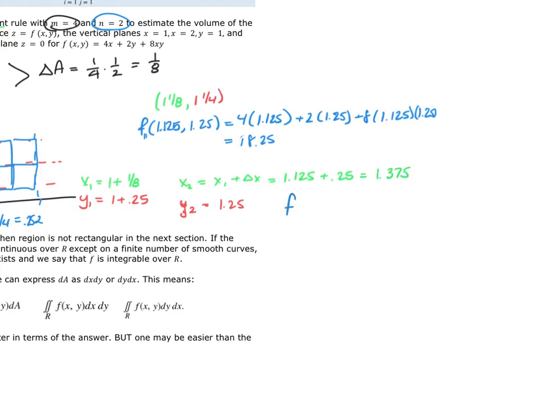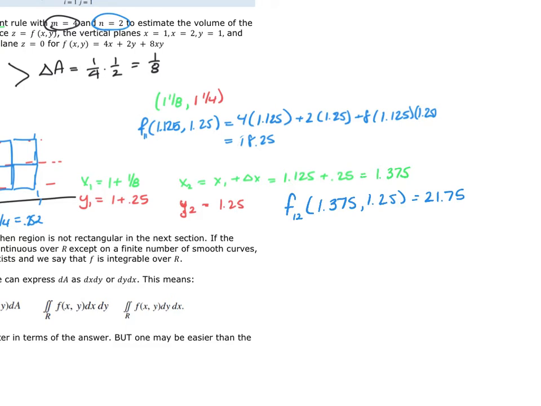So then my f of 1, 2, first row, second box, is going to be 1.375 and then 1.25. I would put this into my original function again, and when I do that, I get 21.75. And I would continue doing this.